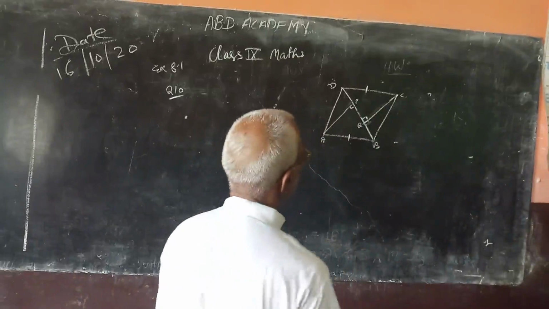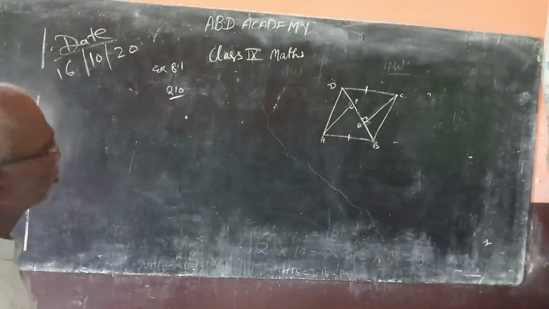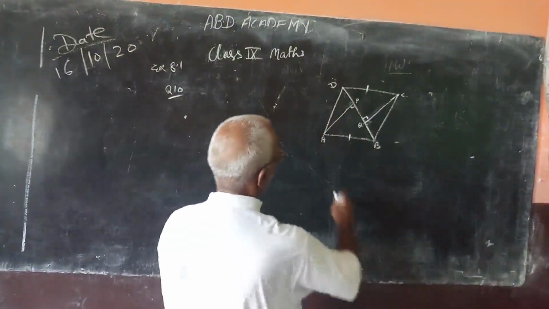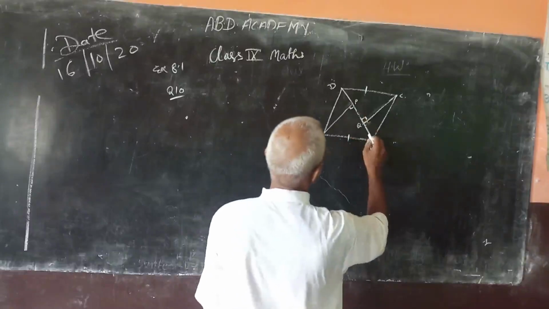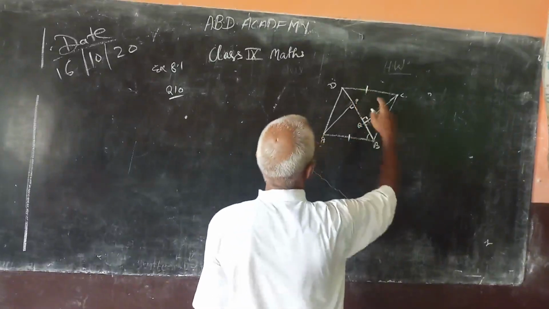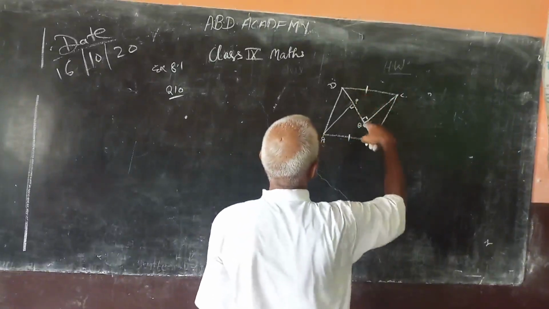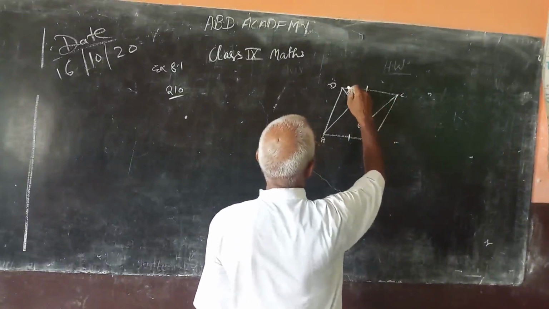And one more thing, angle ABP is equal to angle CDQ, alternate angle.